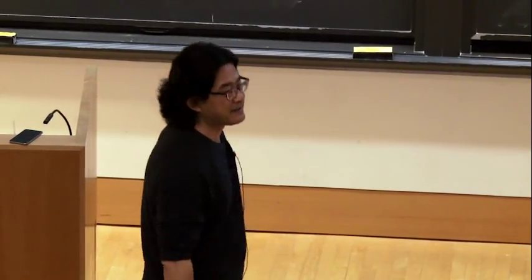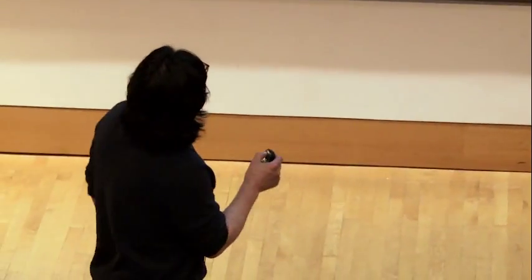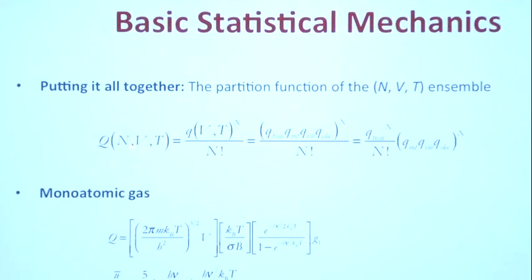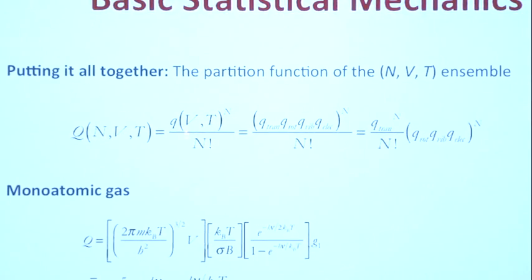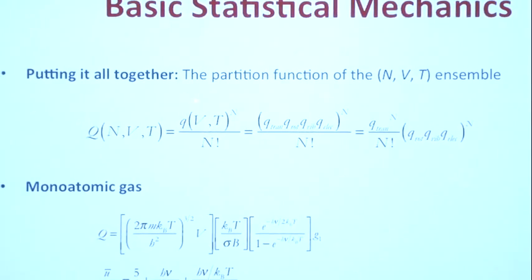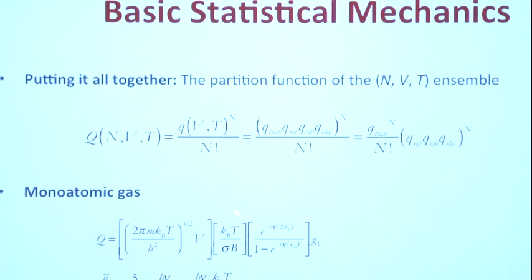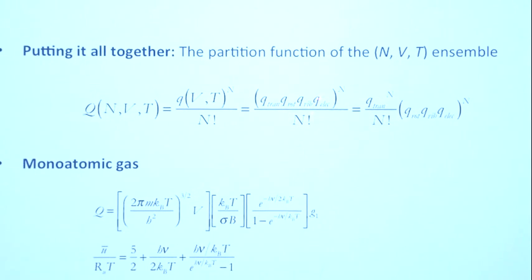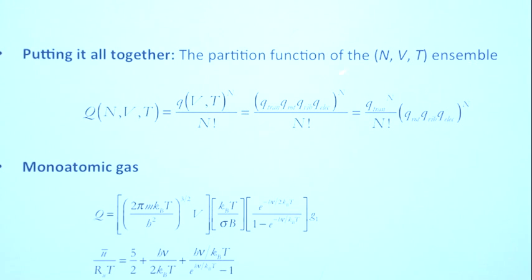Putting everything together, you have, for an NVT canonical ensemble, the partition function for the system given by the molecular partition function, or one particle partition function, to the power of N divided by N factorial. Plug in the contribution due to translation, rotation, vibration, electronic, you get this equation.